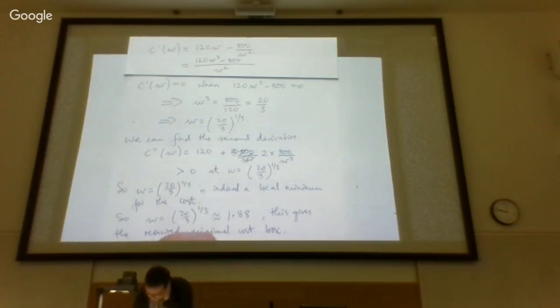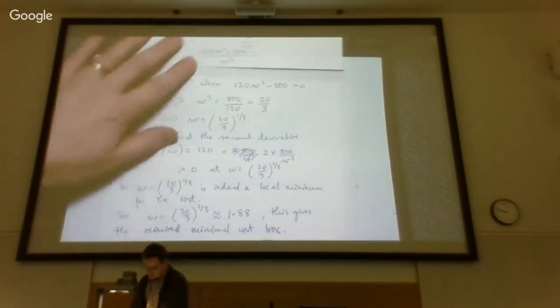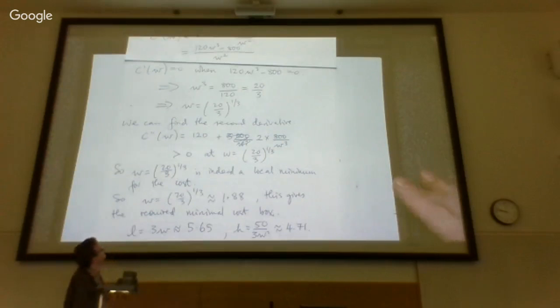The length, which is 3 times w, will be approximately 5.65, and the height, which remember was 50 over 3 w squared, would come out as approximately 4.74.